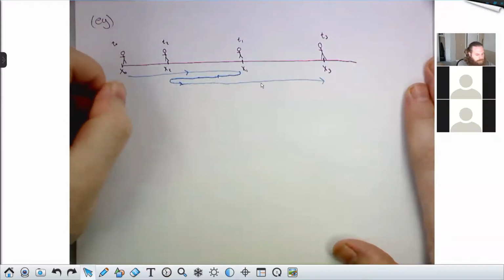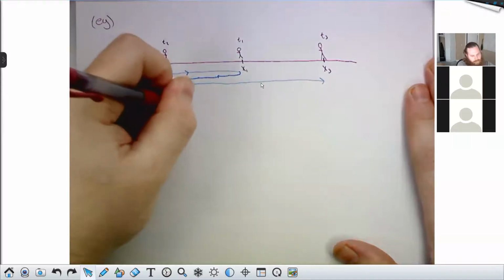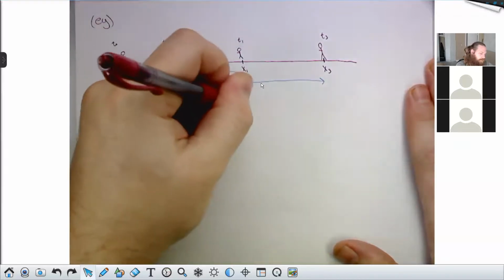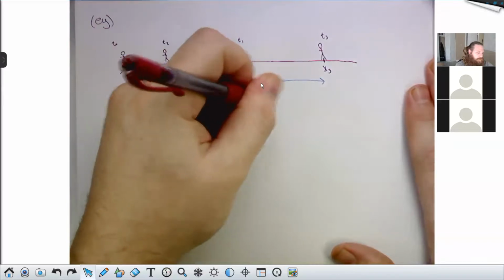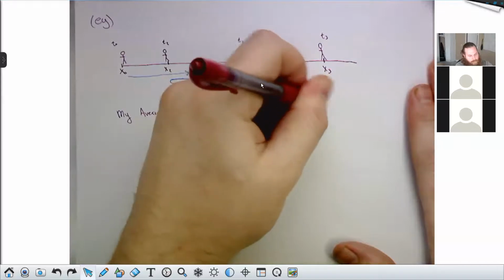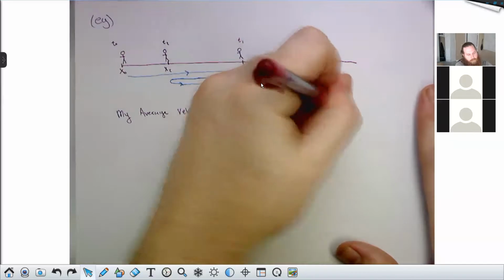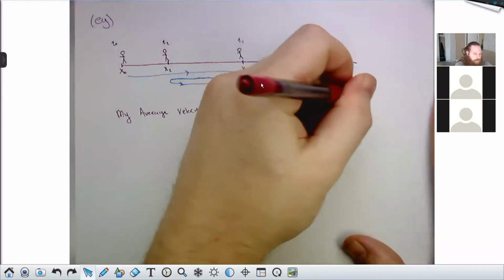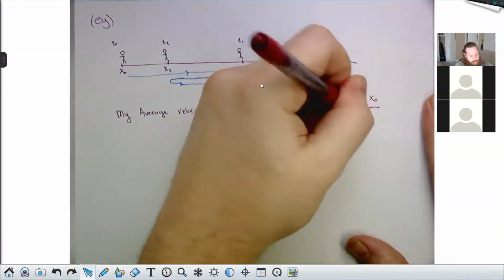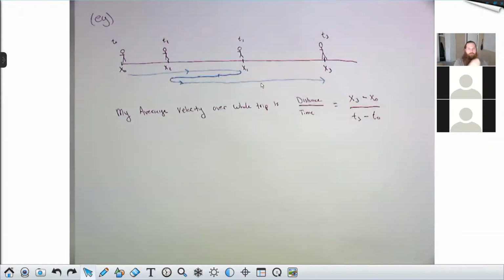My average velocity over this whole trip is the distance, really displacement, divided by the time, which would be my position x3 at the end minus my position x0 at the start, divided by the time at the end minus the time at the start.